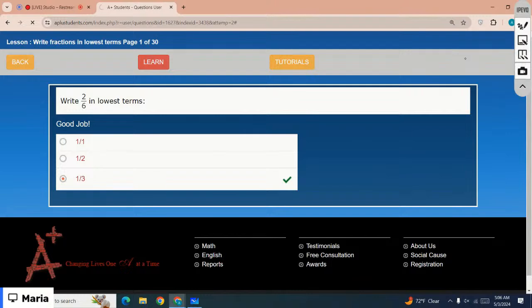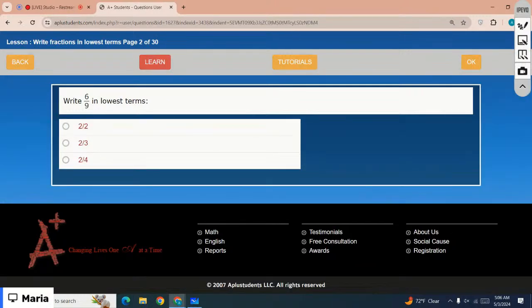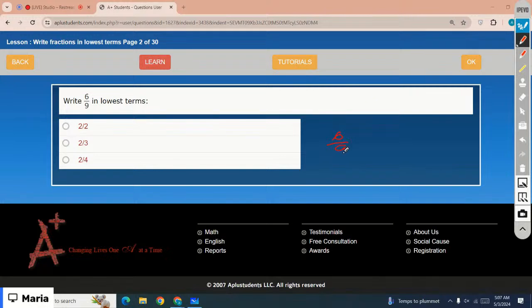The next one is write 6 by 9 in lowest term. Which is the correct option? Let's think of the largest number that can divide both 6 and 9.